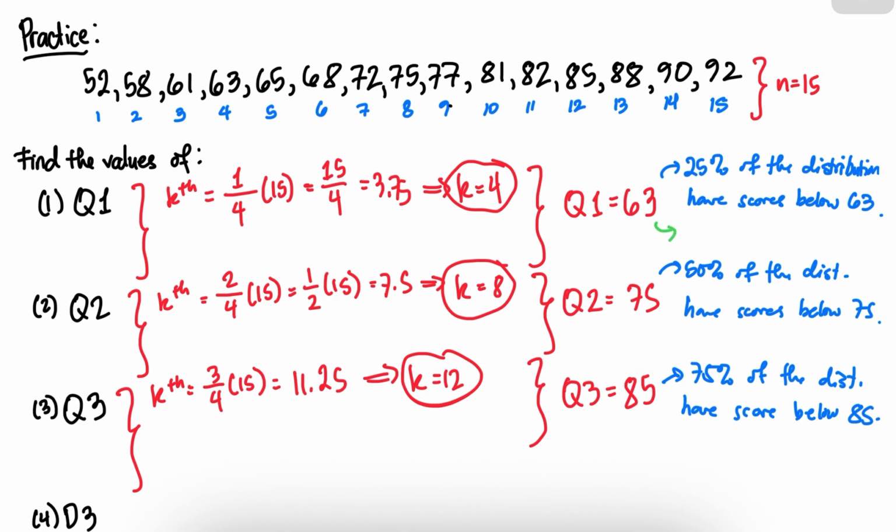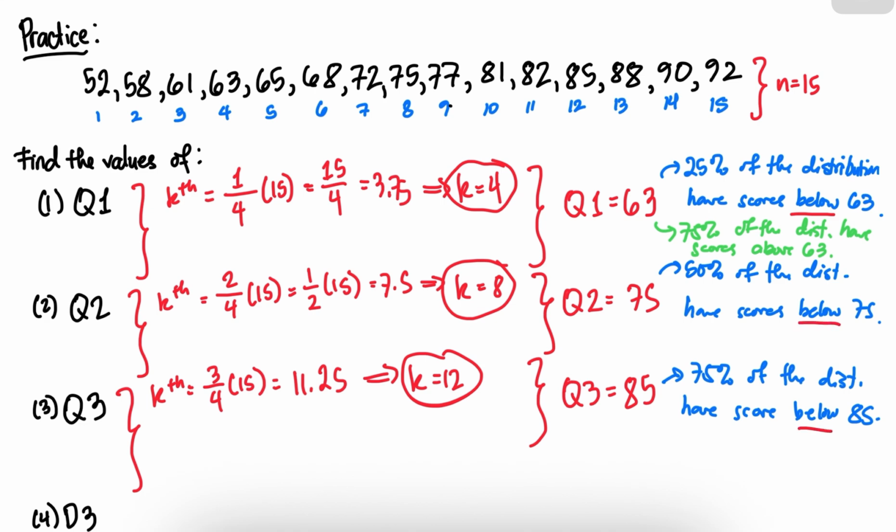We can also say the complement of 25 is 75%. So 75% of the distribution have scores above 63. So whatever you prefer. The idea is, whatever your Q value or your non-central position value is, the word that you're going to make use of is the word below. So notice that.